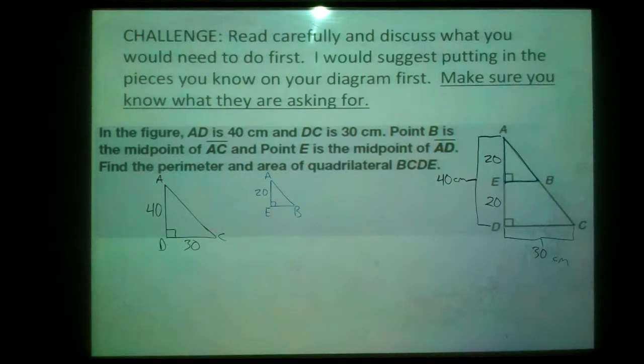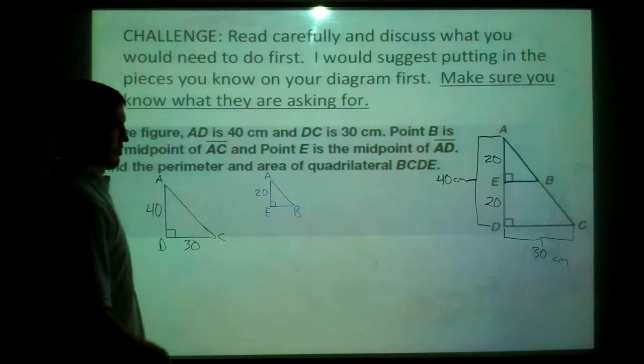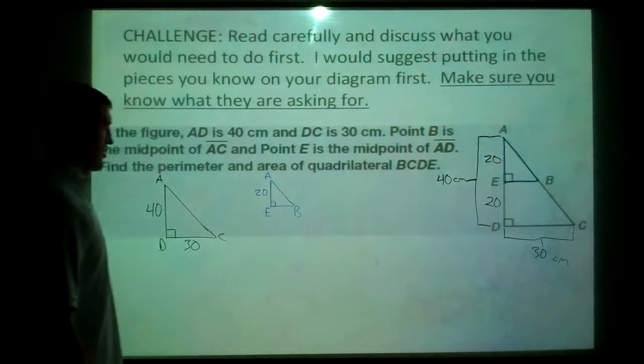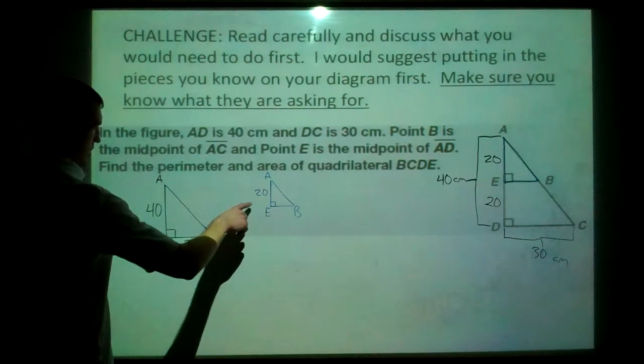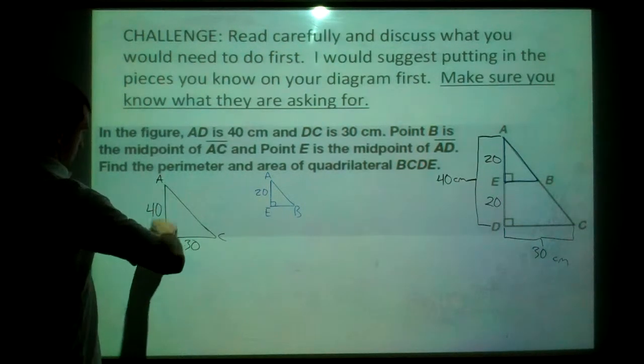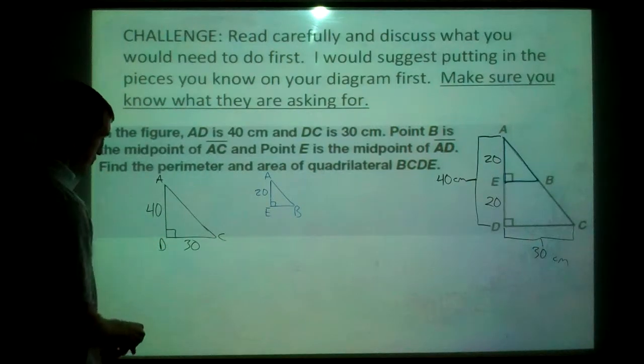However, we are going to need to know what E to B is. And we can figure that out by looking at similar triangles using ratios here. Okay? So this side corresponds to this side. Looks like it's double.